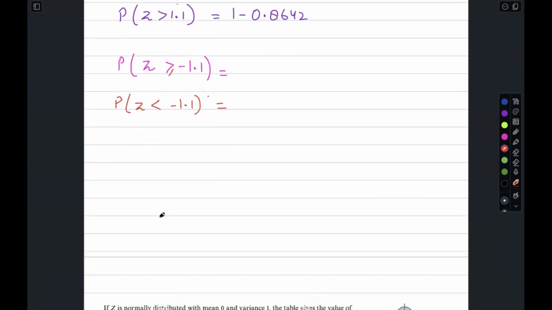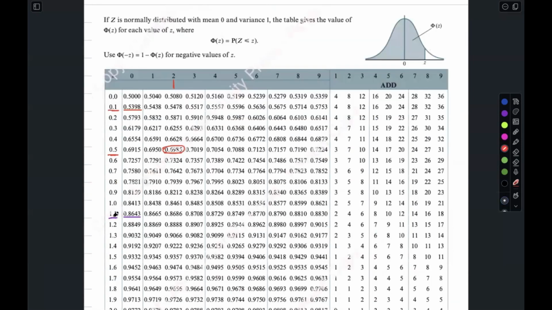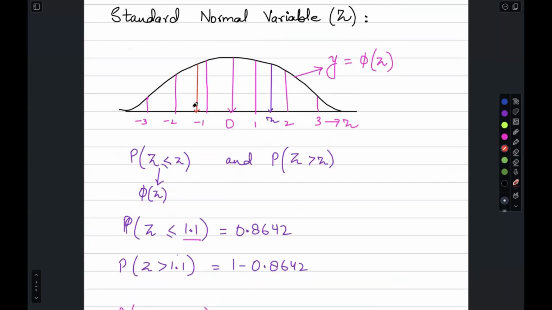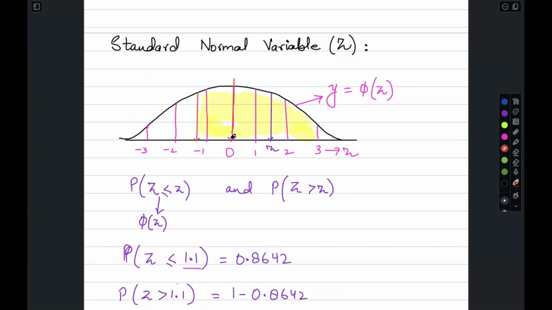Now, if we go to the table, we know that the probability for Z value 1.1 is 0.8643. Greater than means towards the right, which means we are talking about this area. For Z greater than minus 1.1, we have to find this total area over here. As the graph is symmetrical, this is the center point.